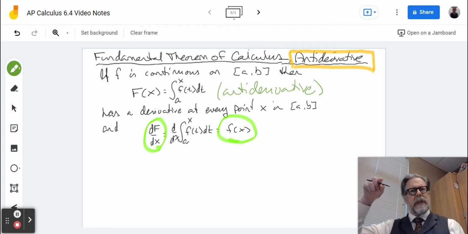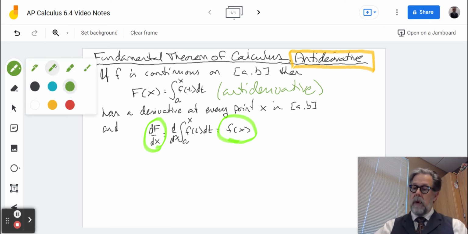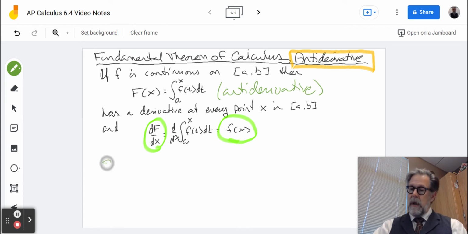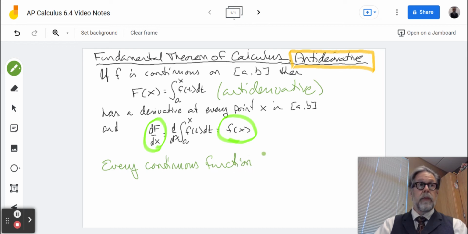So we basically just restated exactly what we found at the end of 6.3, but we're calling this the fundamental theorem of calculus because this is a pretty interesting and important concept: every continuous function is the derivative of some other function.